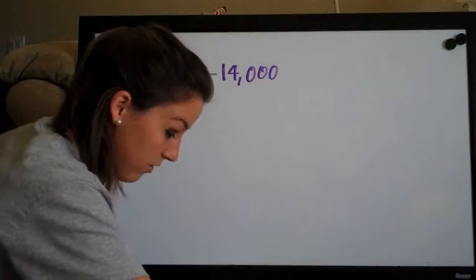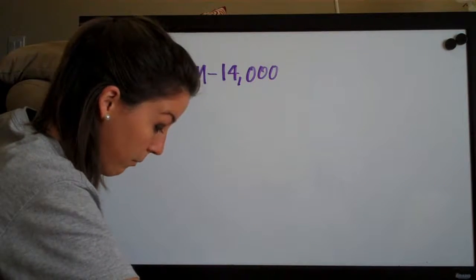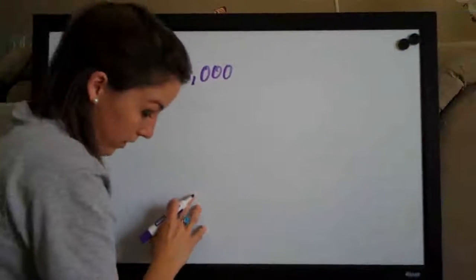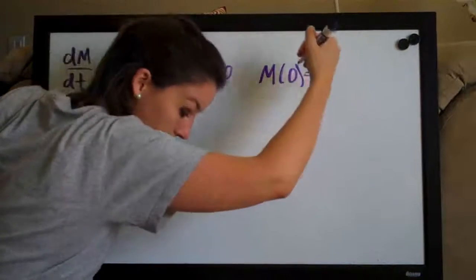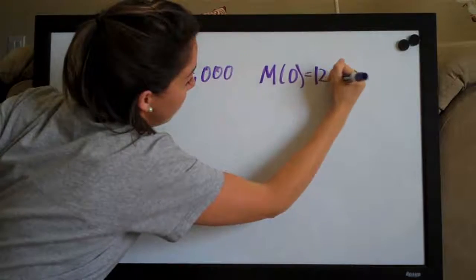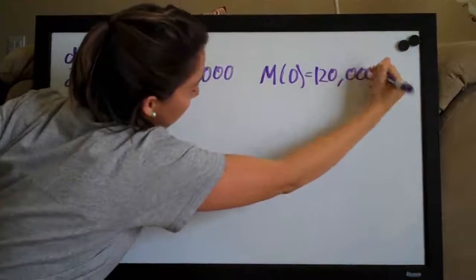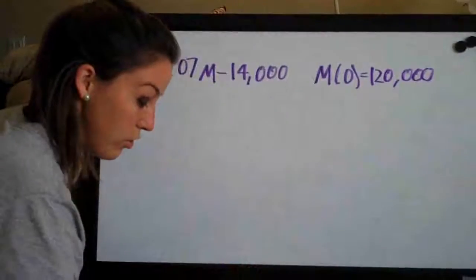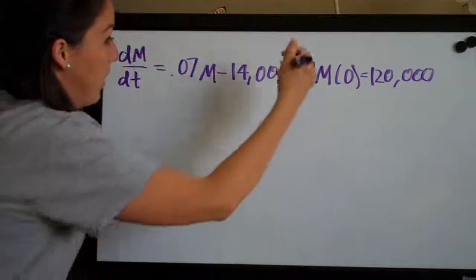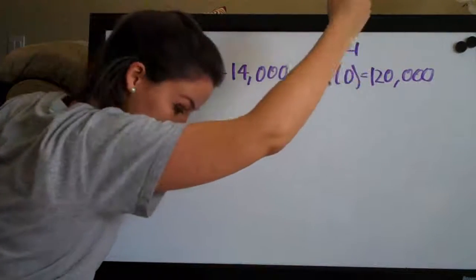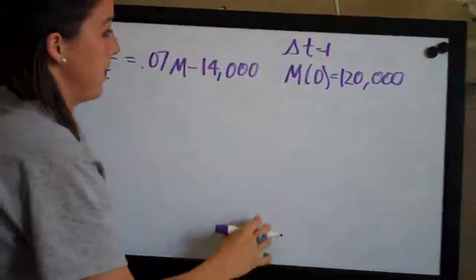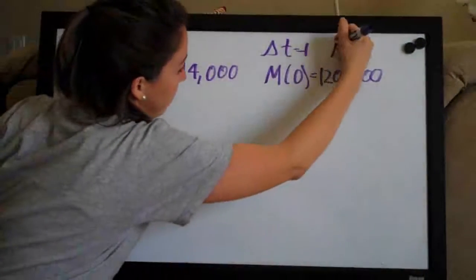So they say consider this initial value problem with this function and with m of 0 equal to 120,000. And then they ask use Euler's method with delta t equal to 1 to estimate m of 5.